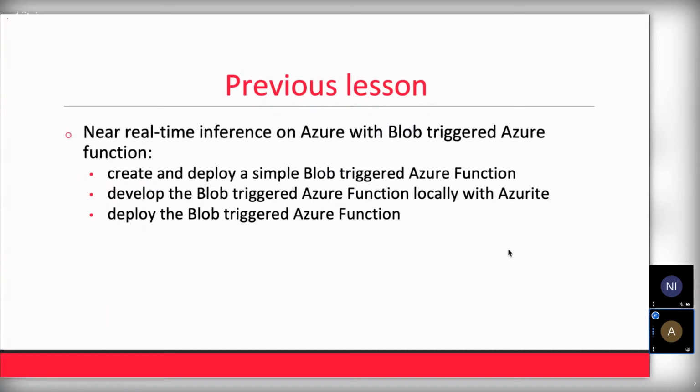We updated the bindings and deployed it to see how it works. Then we further developed this function, working with Azure locally to do it efficiently. When we knew it was working, at the end we deployed this blob-triggered Azure function to the Azure cloud.